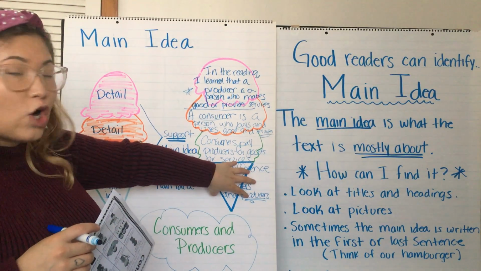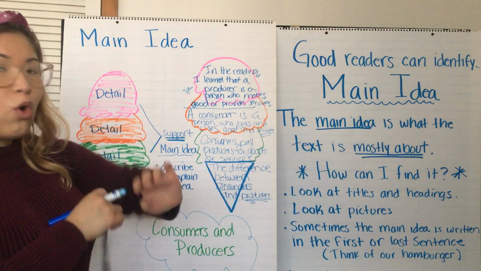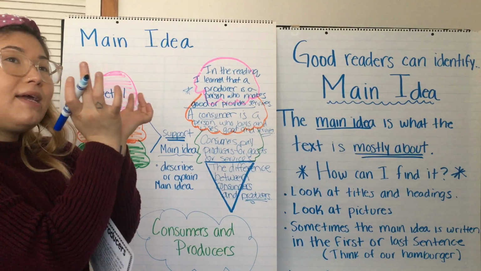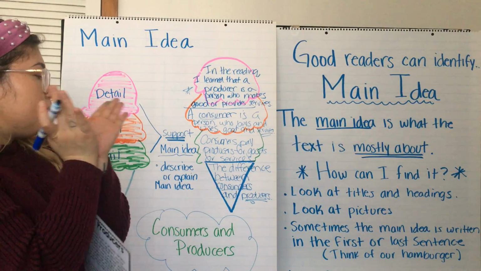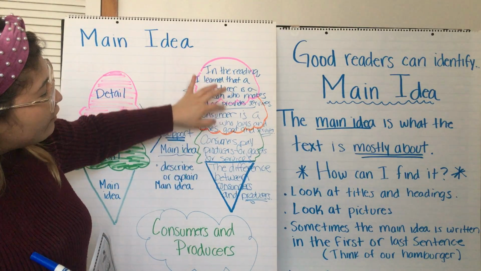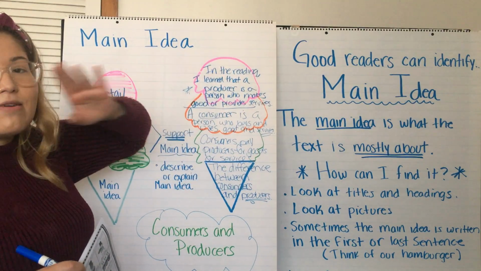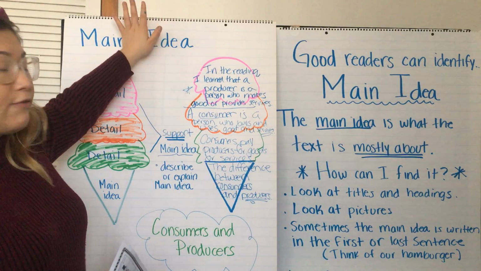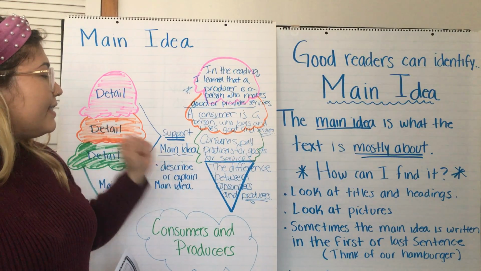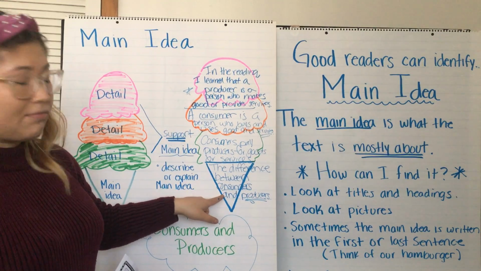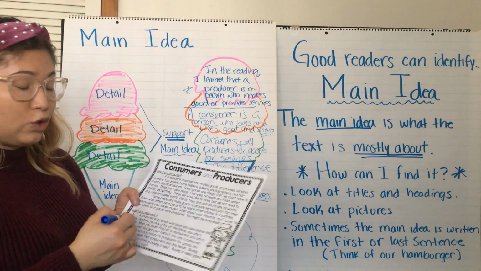Remember, my ice cream cone has the main idea in the cone, which is what holds everything up, okay? Without the main idea, you can't put those details in. So that main idea is going to be your cone. Then you have your three very important details that talk all about your main idea, right? They have nothing to do with something totally different than what I just said my main idea was, okay? Remember, your details need to support your main idea. We read all about consumers and producers and the difference between the two of them.